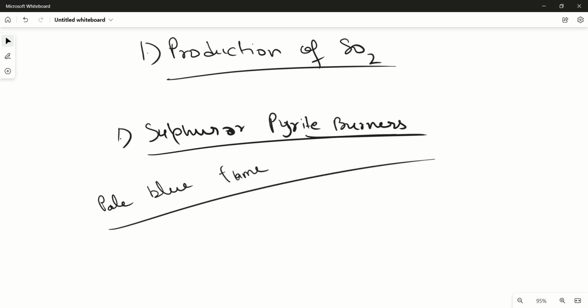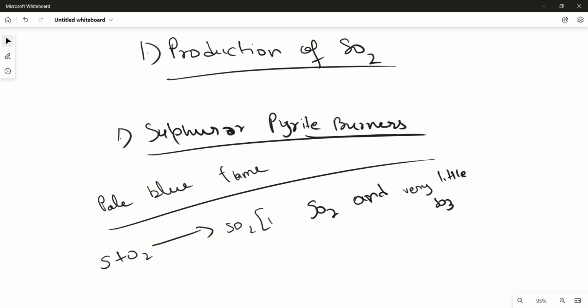So the reaction goes something like this: S plus O2 gives us SO2 and traces of SO3.